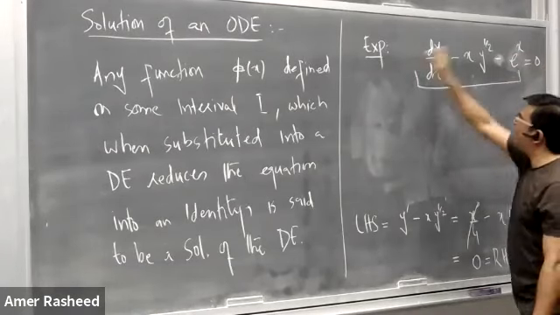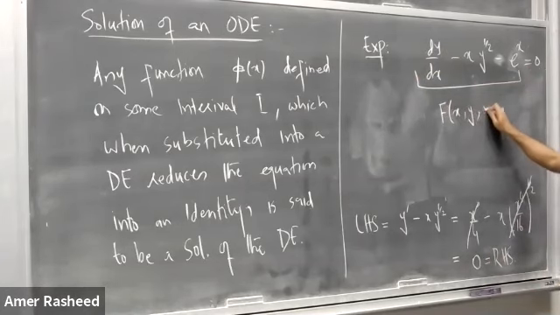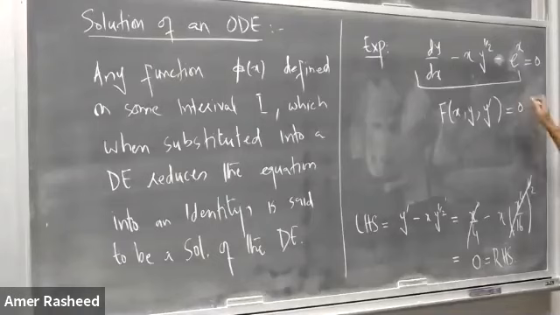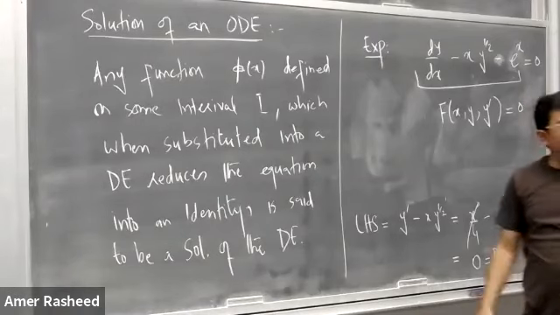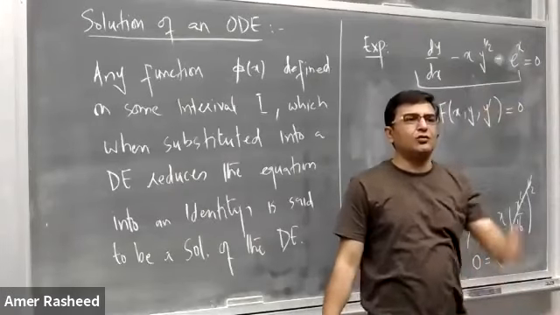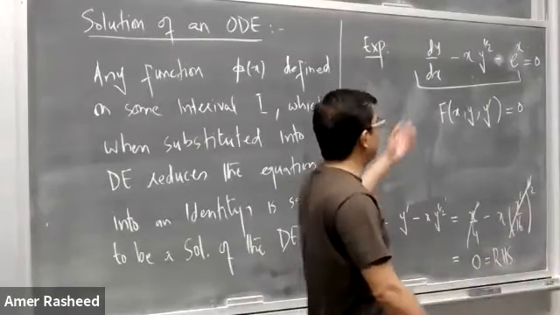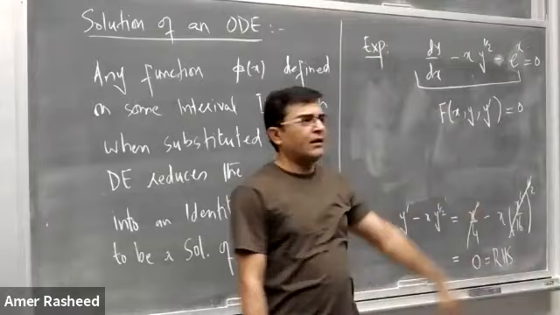So it is still the same function f of x, y, y dash equal to 0. So we have to make it general. We don't consider some particular function on the right hand side. We can bring that on the left hand side and we still can denote that differential equation in the same way. I hope you get it.